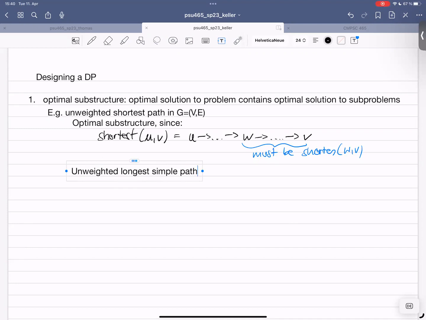Any guess, does it have optimal substructure or not? The longest path. It doesn't? Oh, okay. Why not? No. It doesn't have to reach. I'm just looking for the longest path from some vertex U to some vertex V.